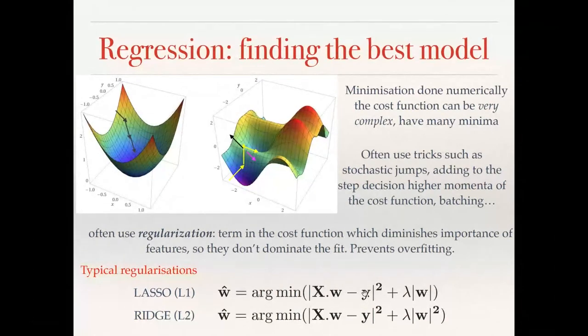To prevent some of these features, some of these data values, from dominating what's going on, you add an additional term regulated by this parameter called lambda that is either linear or quadratic in the weights. What it does is try to bring the minimum to values of w equal to 0. So it's preventing some features from getting coefficients, so from getting an importance that is too large. This regularization is very typical.